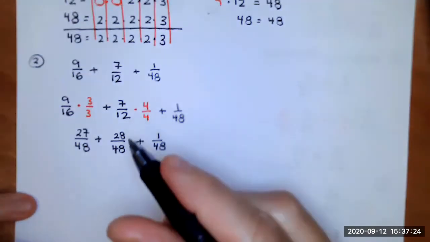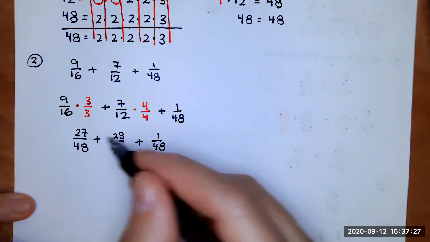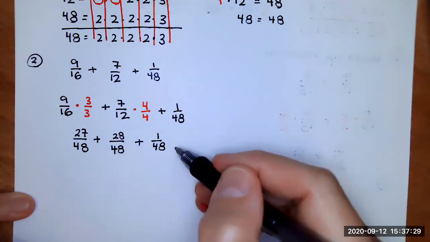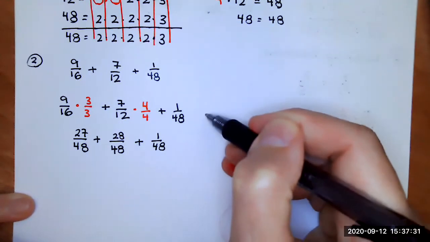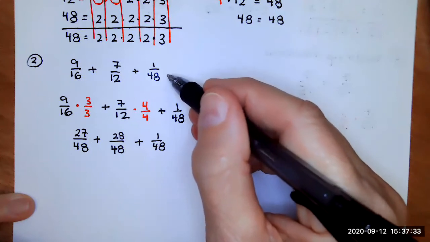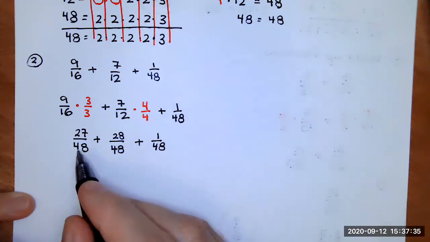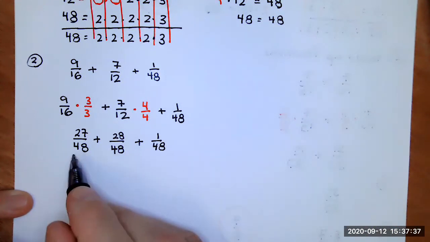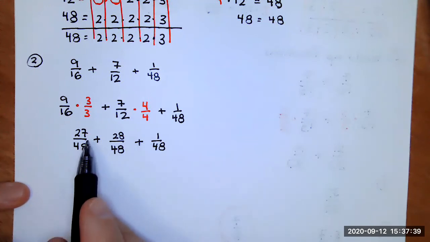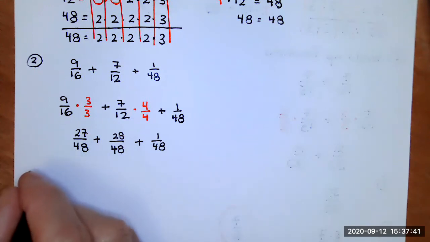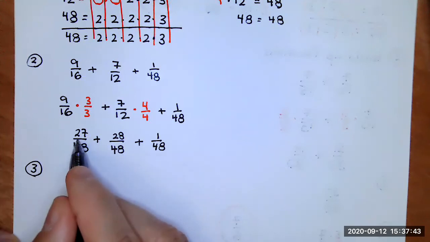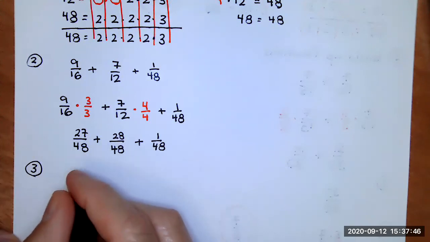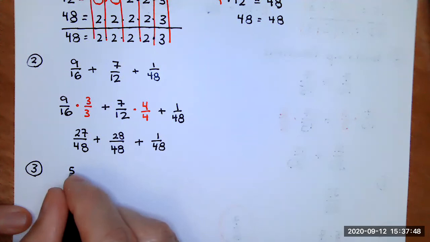And remember, you may be tempted to reduce at this point, but if you reduce here before you've added, you'll be back at your original problem. So you always reduce at the very end. So we add the numerators. 28 plus 27 plus 1 makes 56.